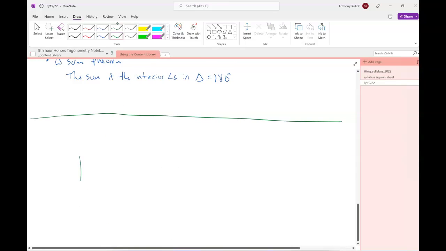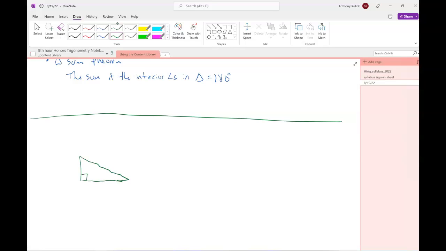So let's look at this example. We have two similar triangles. Let's say we have this triangle 3, 4, 5. Call that triangle ABC. And then I have this triangle, DEF, and let's say that's a 6, 8, 10 triangle.